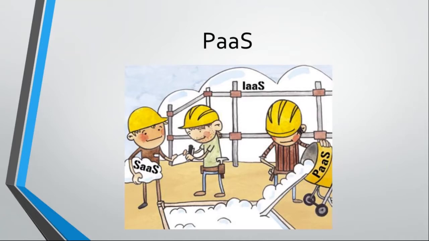This is quite visible in the picture, where PaaS acts as the middleman and primarily helps the development team easily manage the life cycle of their own application without having to know much about the infrastructure side.